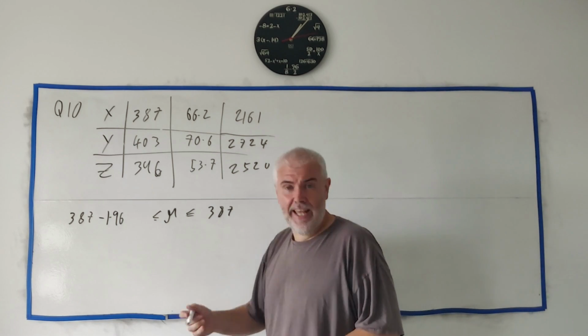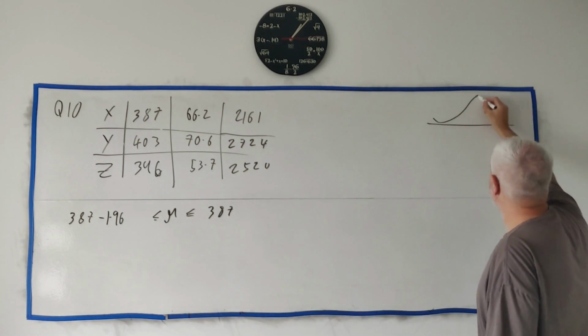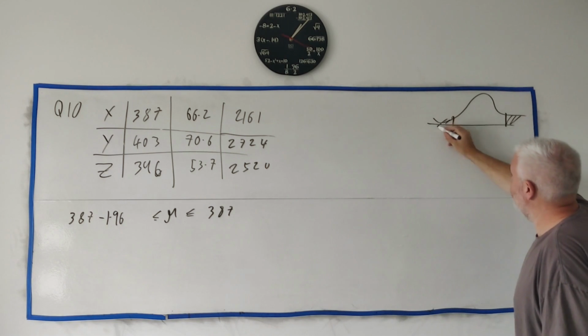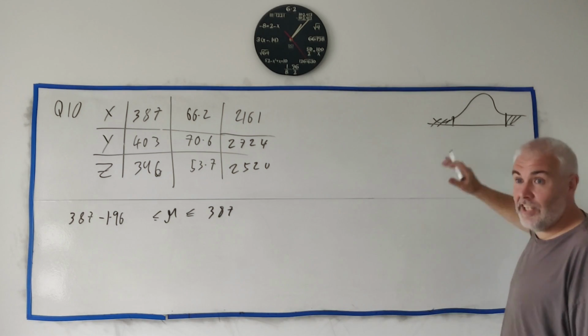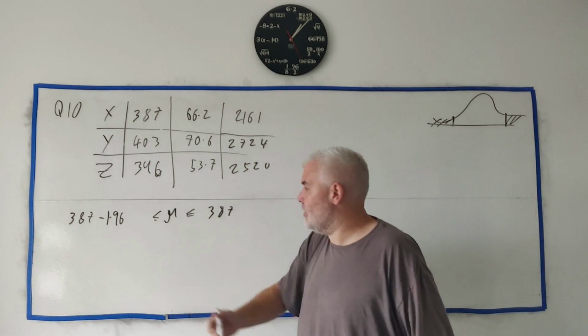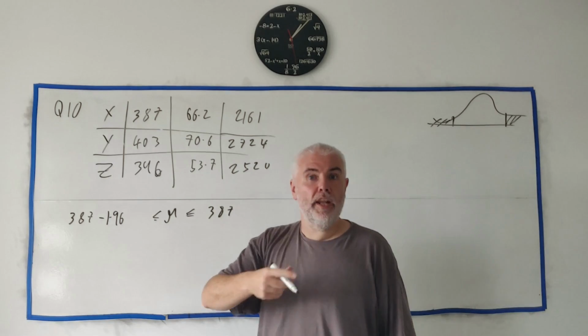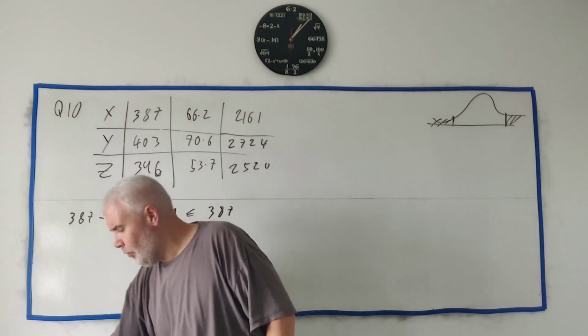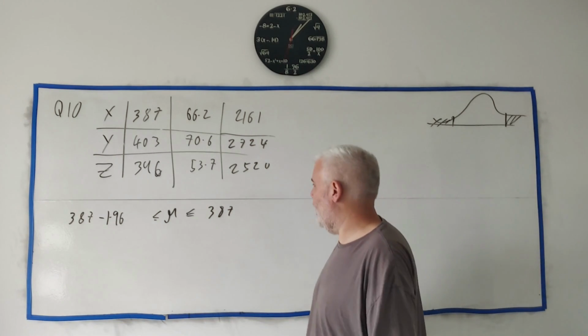And remember how the standard deviation works. If it's 2.5% this side, it's 2.5% this side, and that adds up to 5%. That's where that 5% or 95% confidence and 1.96 comes from. But it's okay just to remember it for now.